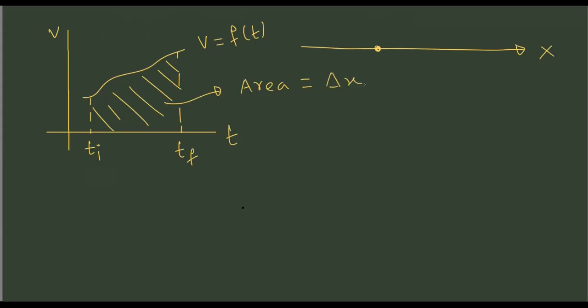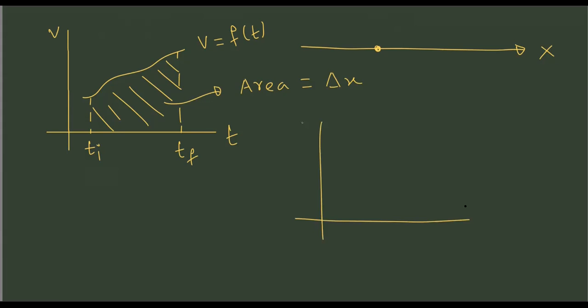Because of that, sometimes the curve could be such that some part of it is above the horizontal line and some part of it may be below the horizontal line. So I might have something like this as well.